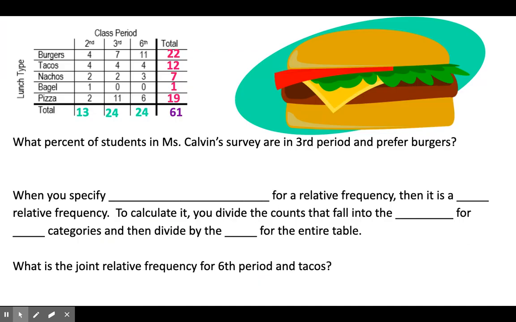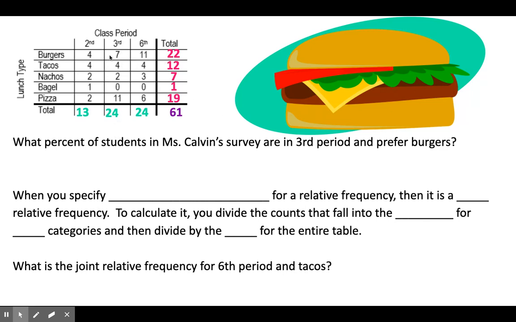Now I'm going to ask a tiny bit of a trickier question: what percent of students in Miss Calvin's survey are in third period and prefer burgers? That word "and" means I'm not just talking about a total. Now I want to know someone who is in 2 specific categories. I want someone who prefers burgers, so that's this top row, and I want the people who are in third period, so that's this middle column.